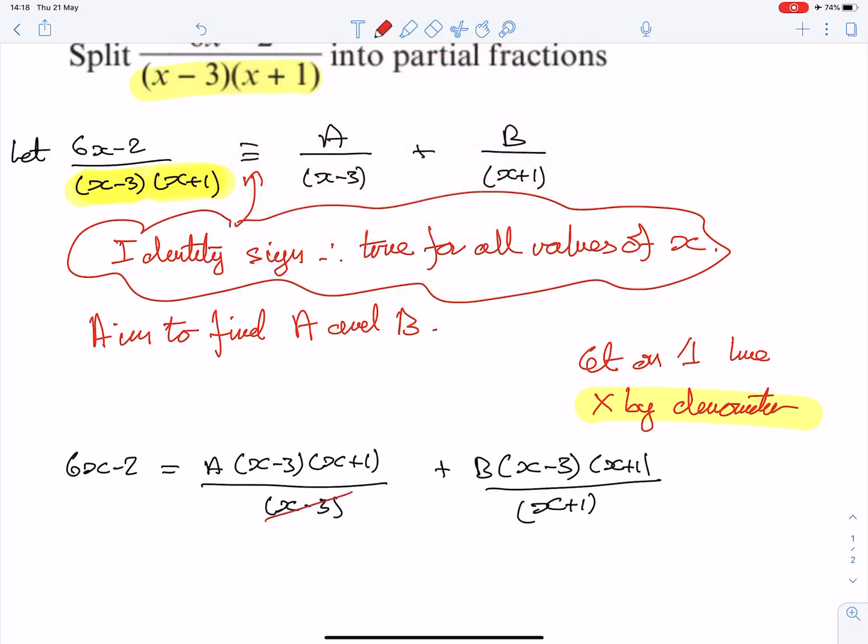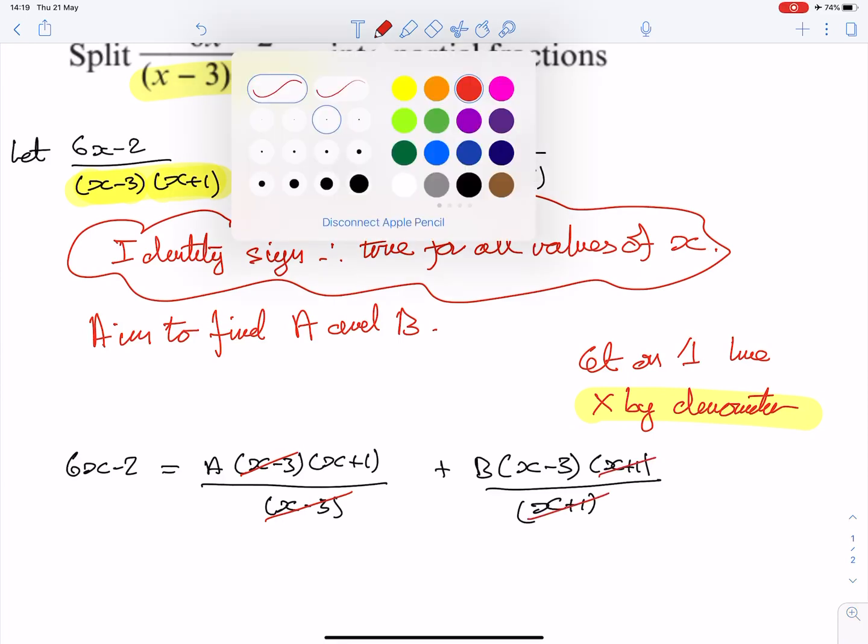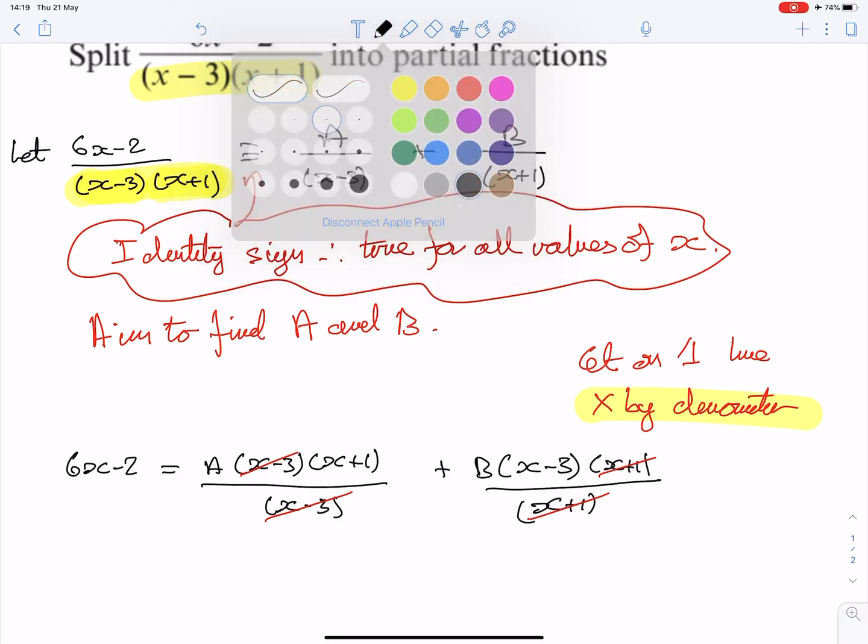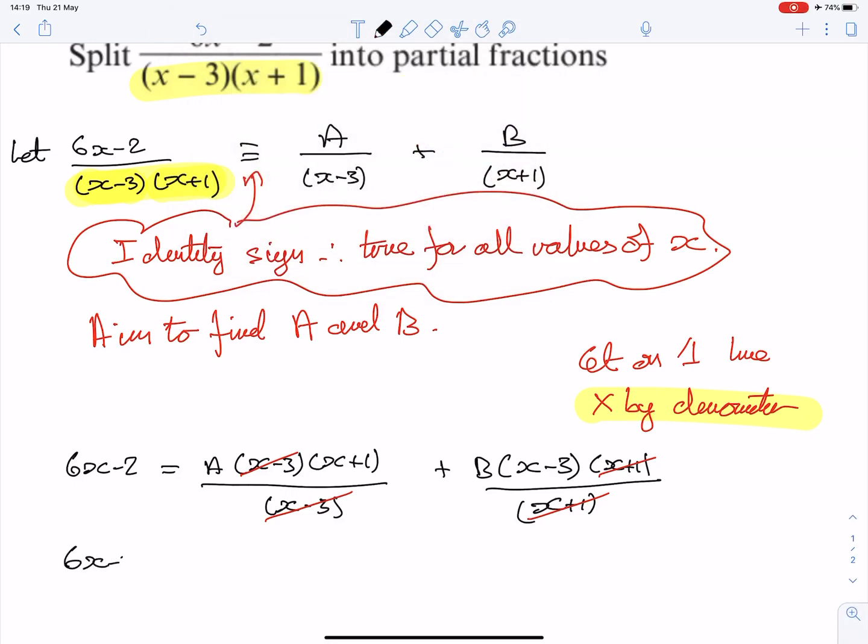So we can cancel the x minus 3's, cancel the x plus 1's, which leaves us with 6x minus 2 is identical to A lots of x plus 1 plus B lots of x minus 3.